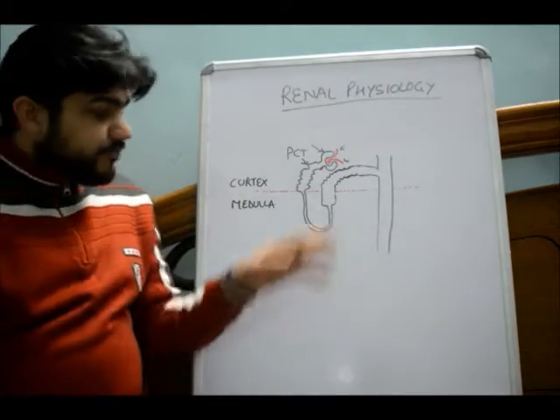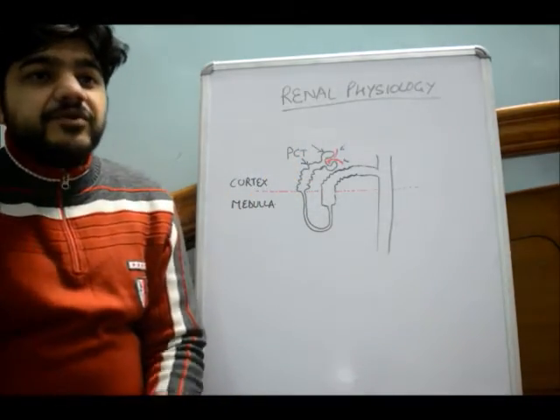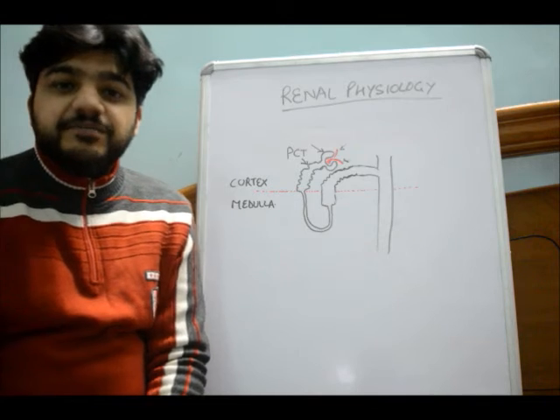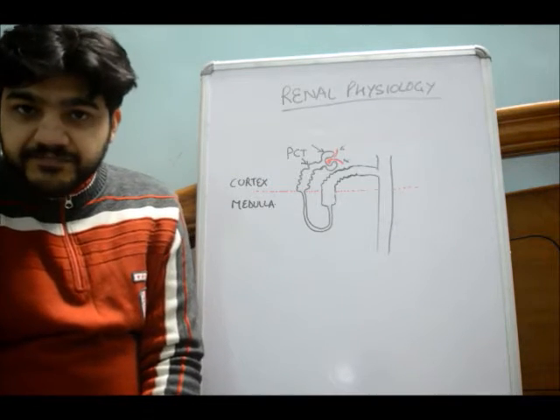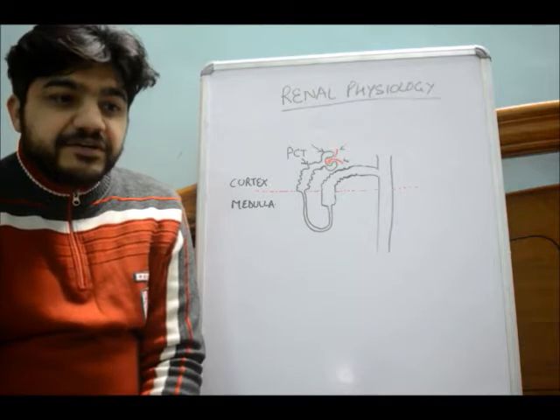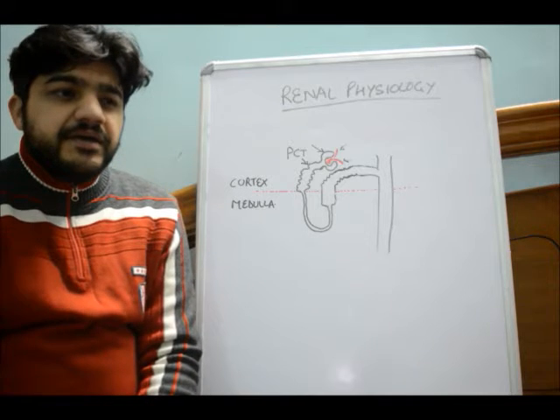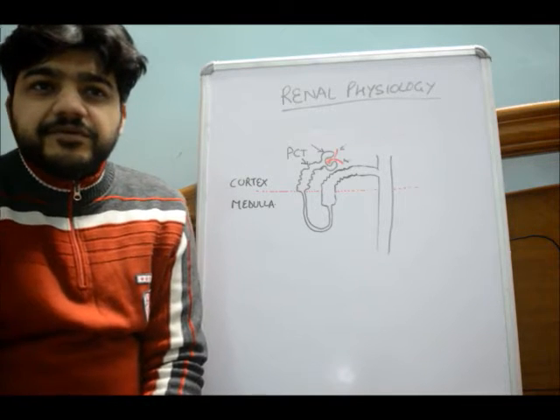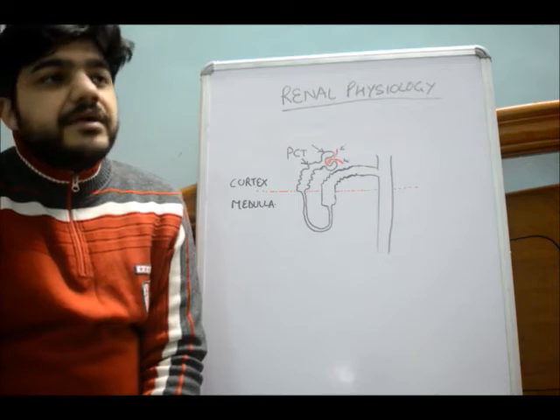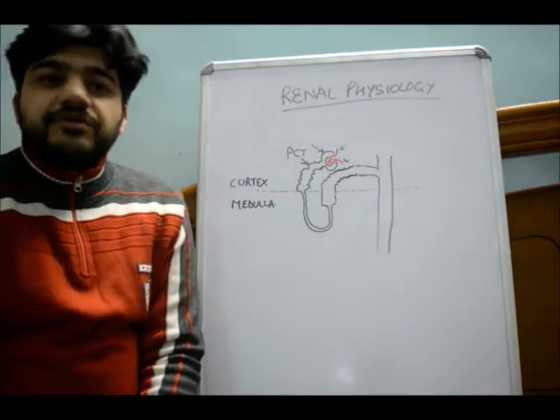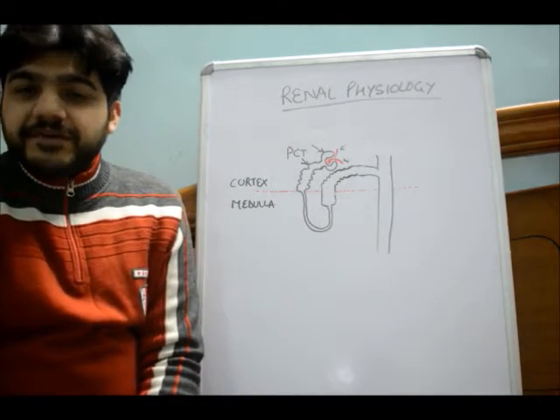So the proximal convoluted tubule reabsorbs 65% of the filtered water, 65% of the filtered sodium, nearly 85% of the bicarbonate, and virtually all of the amino acids and glucose.